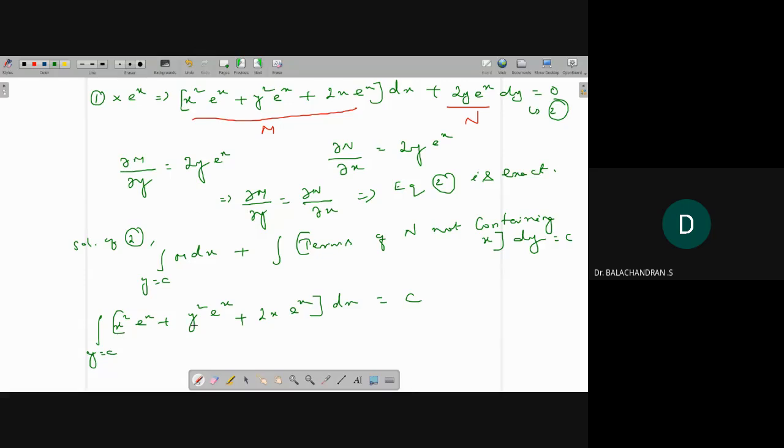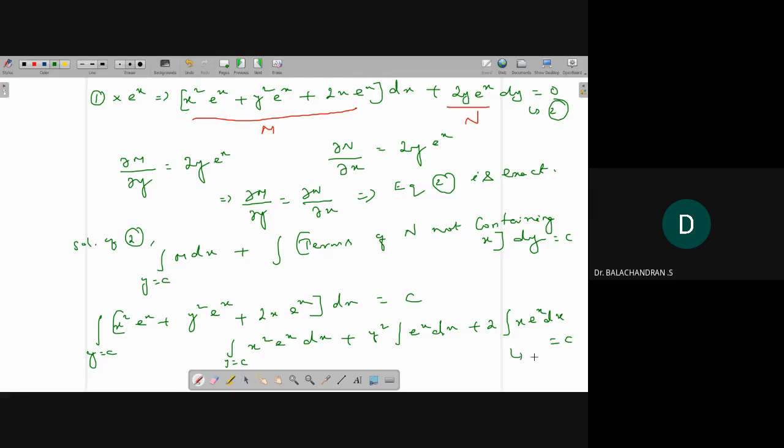Only here you have the integration of x² e^x dx. You can split into 3 integrals: integral x² e^x dx plus y², which is constant, times integral e^x dx plus 2 times integral x e^x dx equal to c.